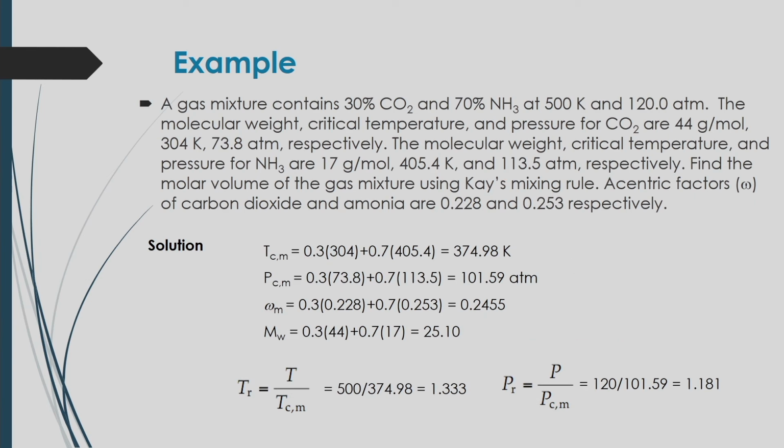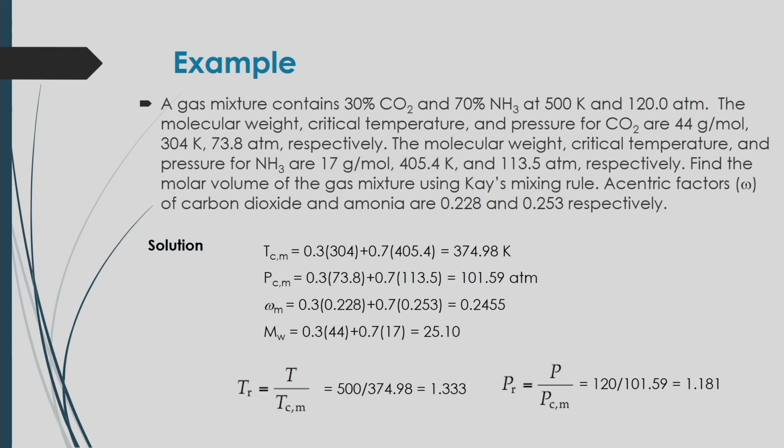Suppose a gas mixture is given to you that contains 30% carbon dioxide and 70% ammonia, and it exists at 500 Kelvin and 120 atmosphere in a container. The molecular weight, critical temperature and pressure for carbon dioxide and ammonia are given here.